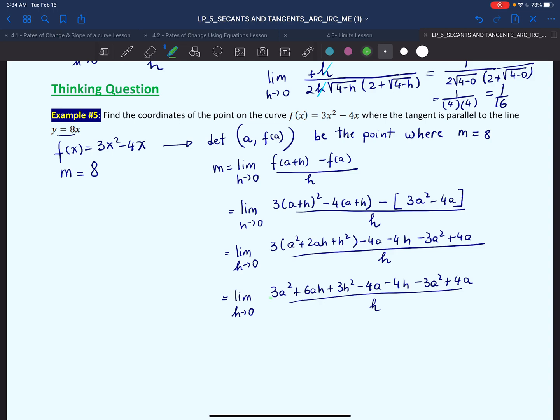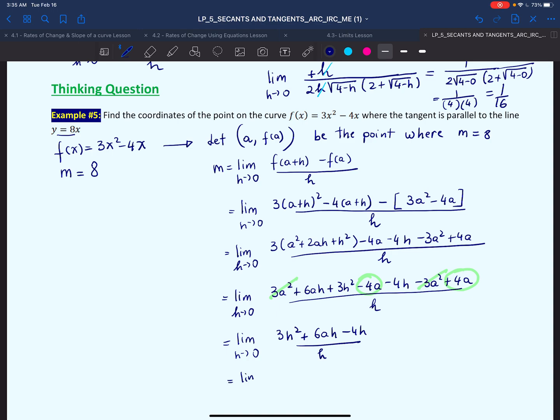We have 3a squared and negative 3a squared. We have negative 4a and positive 4a. And the rest of the terms remain. So the limit as h approaches 0: I'm going to start with the highest degree term, 3h squared, and then we have 6ah minus 4h, over h.